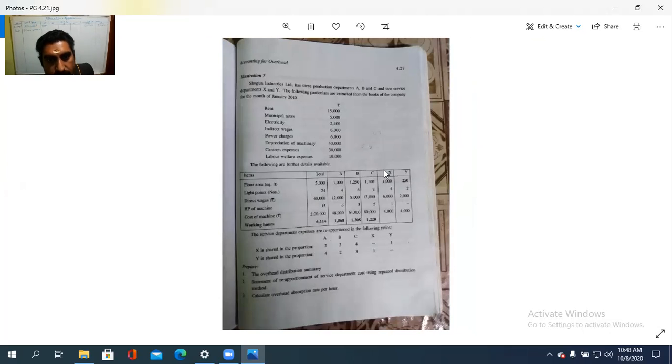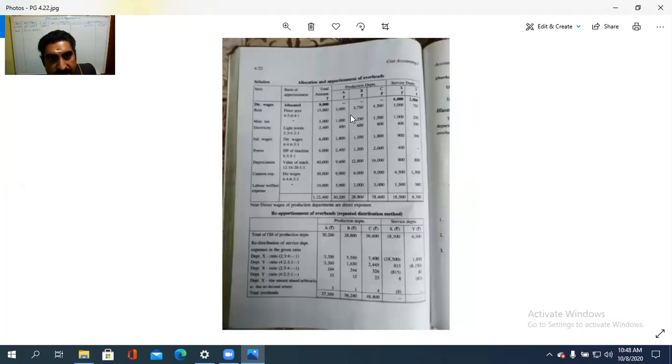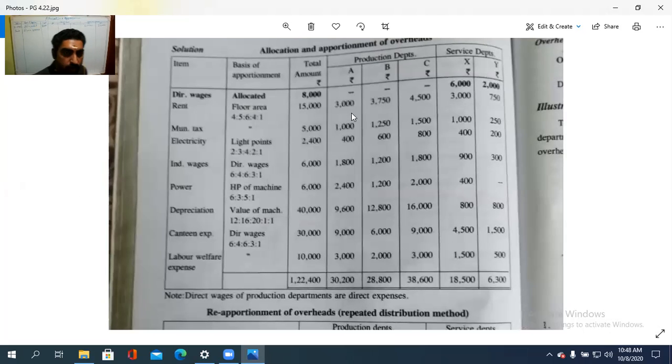In that case, we need to shorten it, so floor area is 4 : 5 : 6 : 4 : 1. The total is 20. So 4 by 20 for A, 5 by 20 for B, 6 by 20 for C, 4 by 20 for X, and 1 by 20 for Y. How much is the amount? 15,000 is to be apportioned. So how much is it coming?